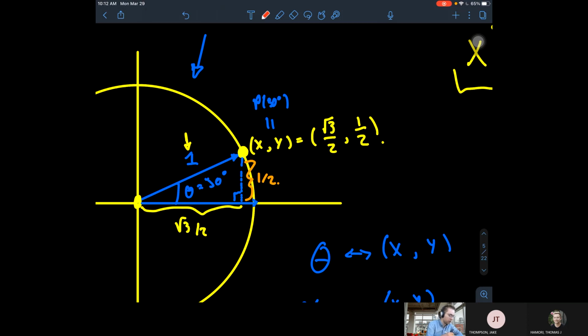For example, if you gave me the angle 30, like you did, then I can tell you the point on the unit circle is square root 3 over 2 comma 1/2, and that's the point that the angle 30 degrees points at. And we call the x-coordinate cosine of 30 degrees. And we call the y-coordinate sine of 30 degrees.